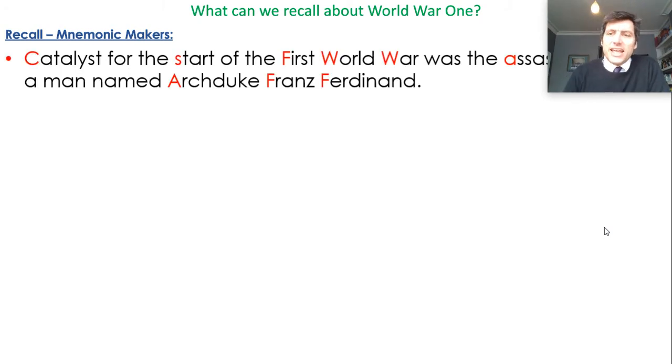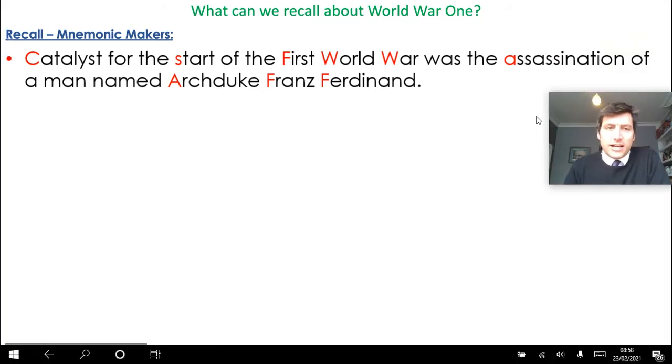If we look here, the catalyst for the start of the First World War was the assassination of a man named Archduke Franz Ferdinand. If you remember, in Sarajevo, an organisation called the Black Hand decided to kill this man, who was the heir to the Austro-Hungarian throne. They killed him and his wife, and because of that, other countries became unhappy and countries were attacked.